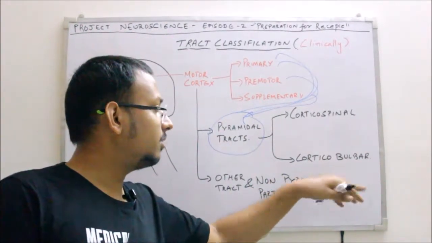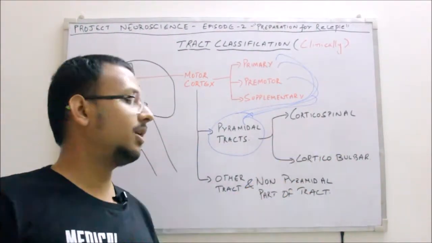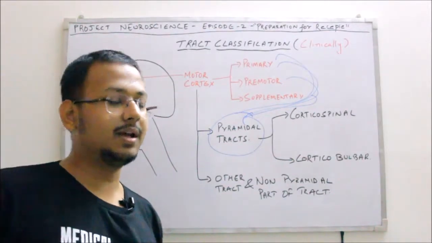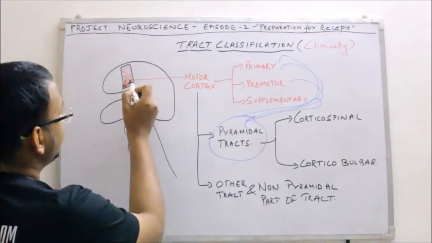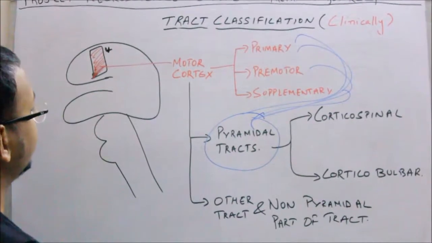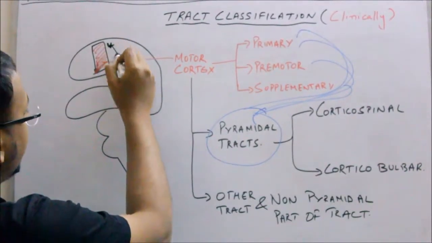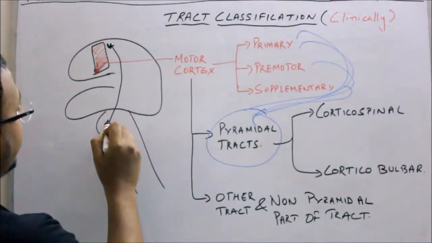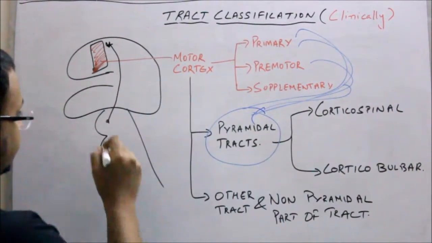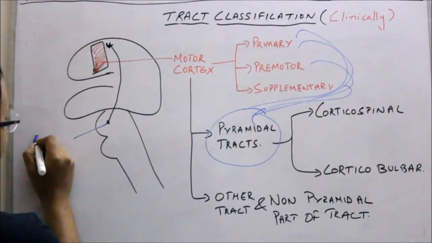Let us have a basic idea of how the corticobulbar and corticospinal tracts act. For example, there is a single motor cortex neuron coming to the brainstem nuclei, that is, any cranial nerve nuclei.